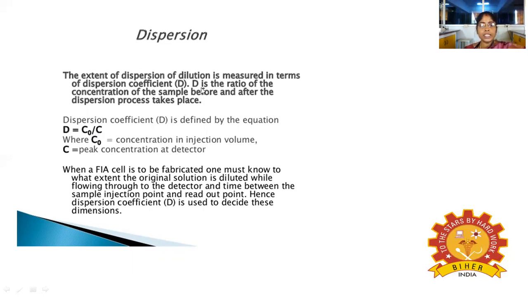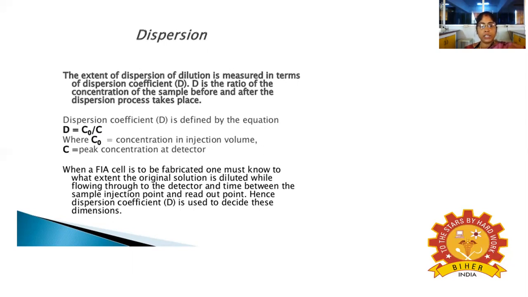So D is the dispersion coefficient, the ratio of the concentration of the sample before and after the dispersion process. C0 is the concentration of your liquid in the injected volume, and capital C is the concentration at the detector once it has been mixed up.